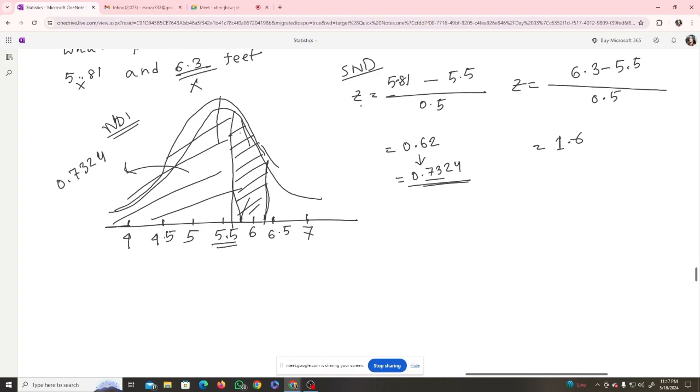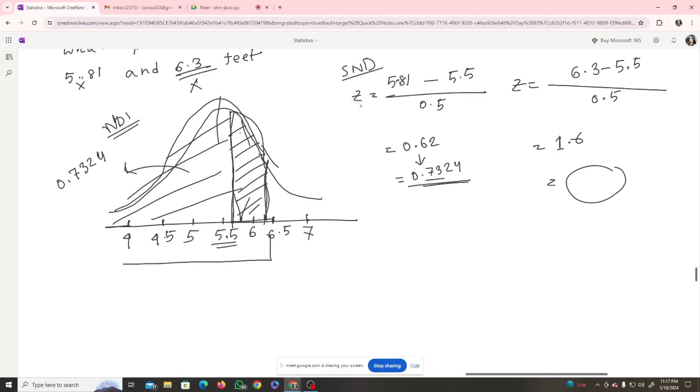And then you will also find the area for 6.3, so it will be the whole area, I mean this part also. Then if you subtract this area, won't you be able to get the area from this to this?